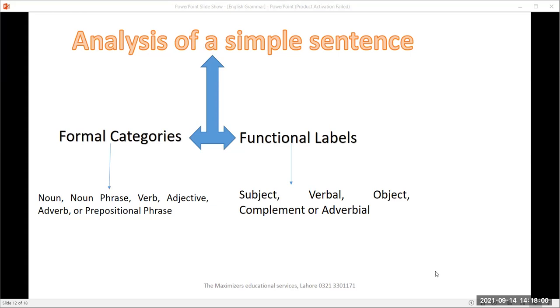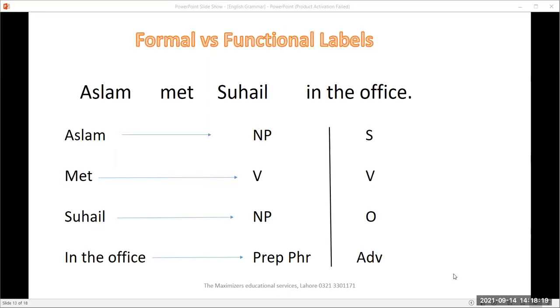As far as the functional labeling of a sentence is concerned, there is a subject, then there is a verbal, and then the object, and then the complement or the adverbial. So these are the functional labels of a sentence, and we are going to see it further. Now here is a sentence: Aslam met Sohail in the office.